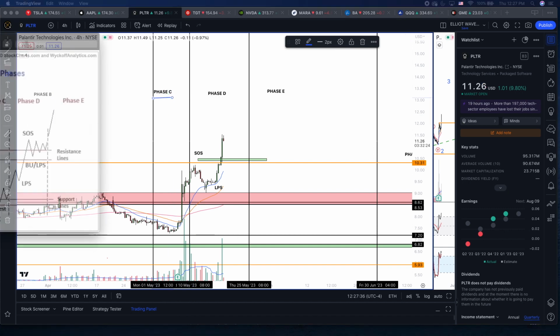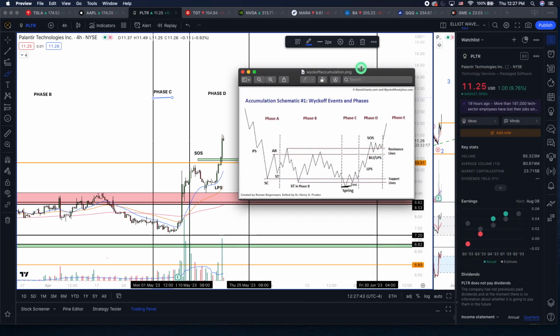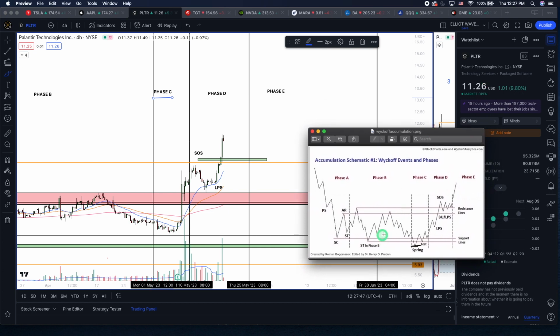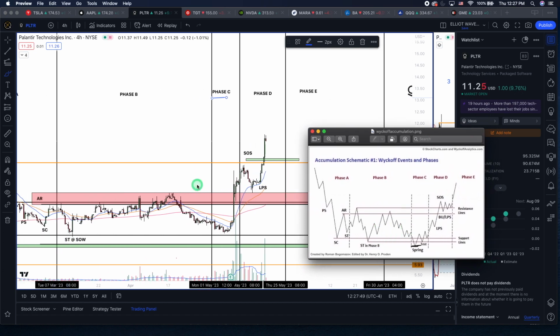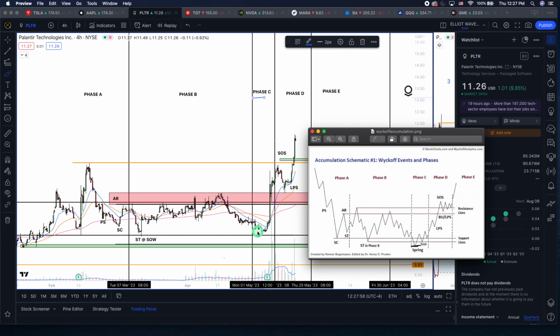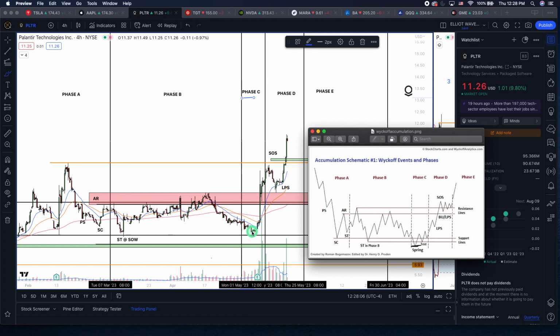And I'll pull up this chart so you guys can compare the normal accumulation schematic to what Palantir has been doing, right? So you guys can see we had our phase A, our phase B, where we had our secondary test on the low side to the high side, and then in this phase C, we were expecting a lower spring to go lower than this secondary test, but we didn't even have to go that low.